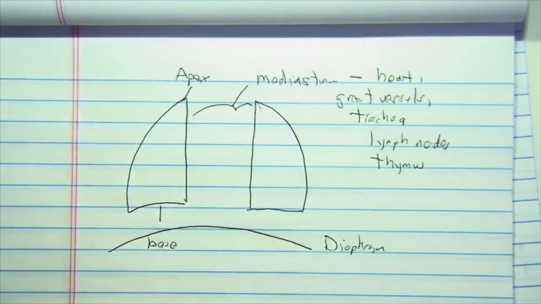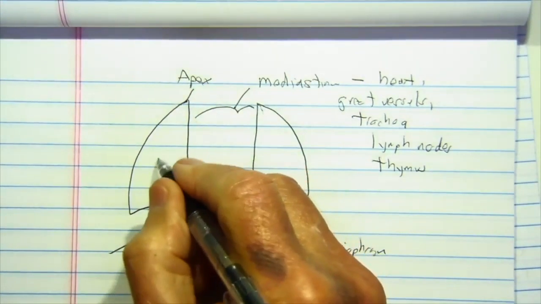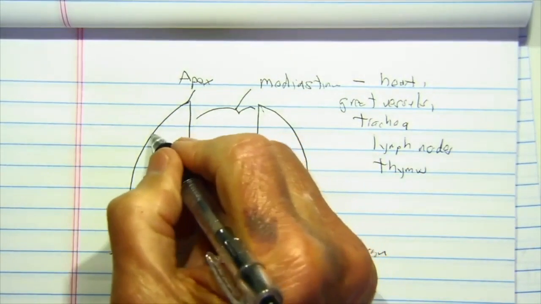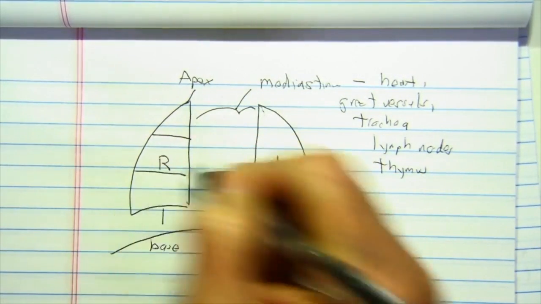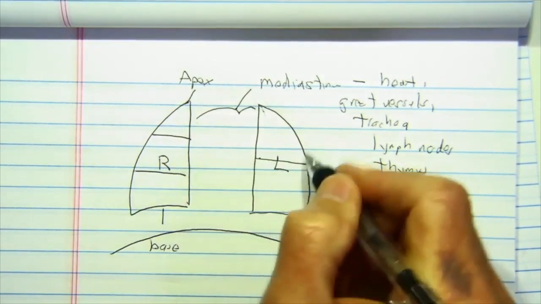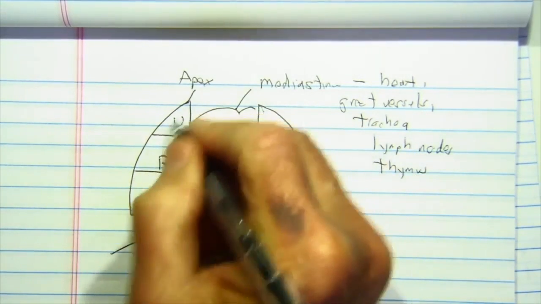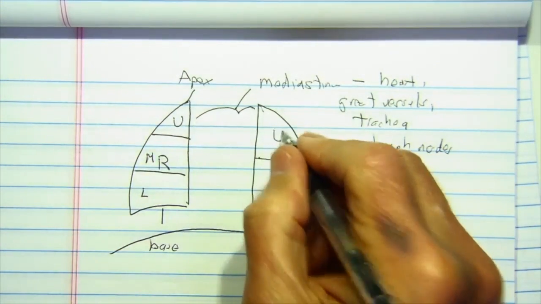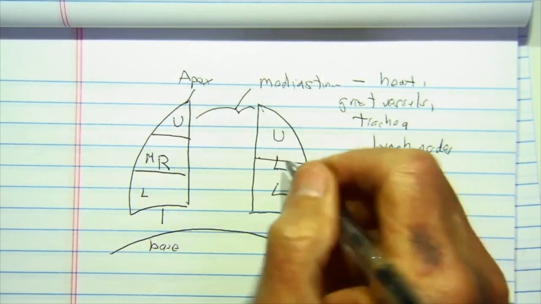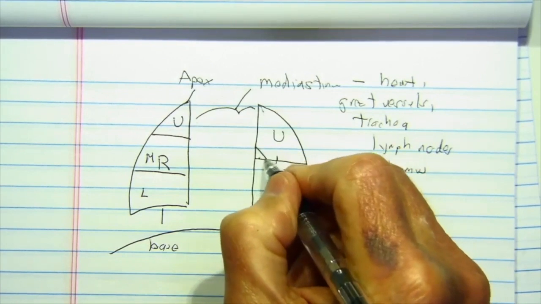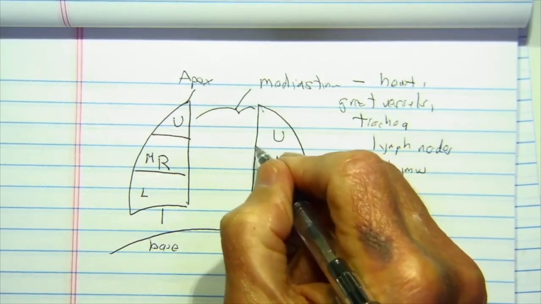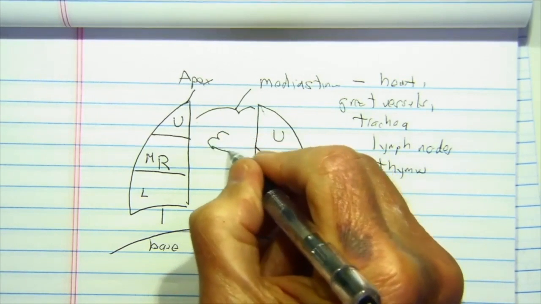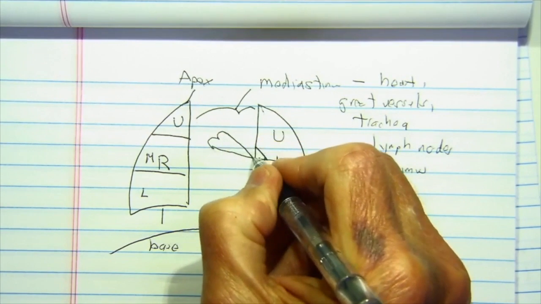But remember, if this is my right lung, and this is my left lung, my right lung is going to have 3 lobes, and my left lung is going to have 2 lobes. Right's going to have an upper, a middle, and a lower. The left is going to have an upper and a lower. The reason being is the heart, that's why the heart is a little shifted to the left. And so if I draw this heart example here, you'll see that the heart is like this.